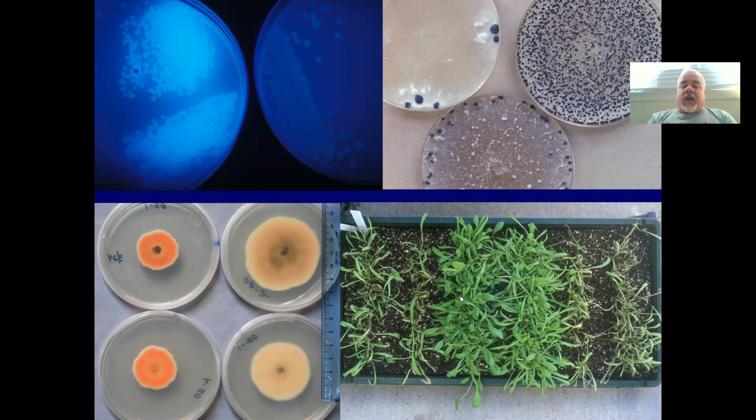So if I know, for example, that this first one is resistant to downy mildew types 1, 3, and 5, and this one's 1, 4, and 7, etc. So I know which genes are in each of these.